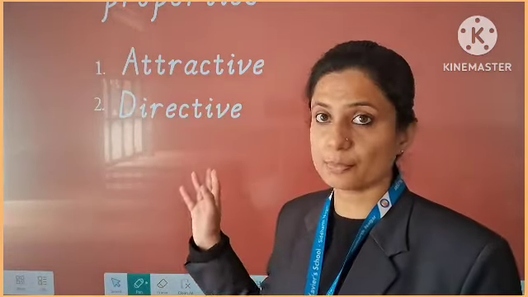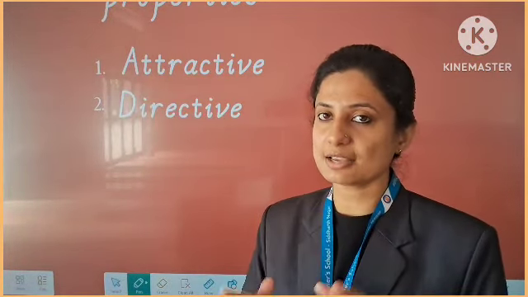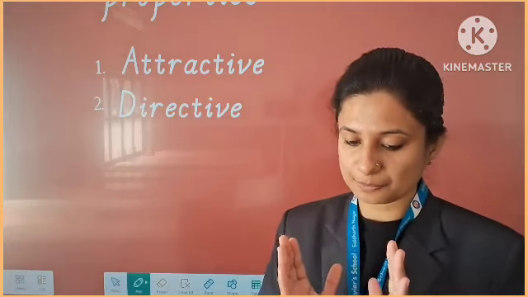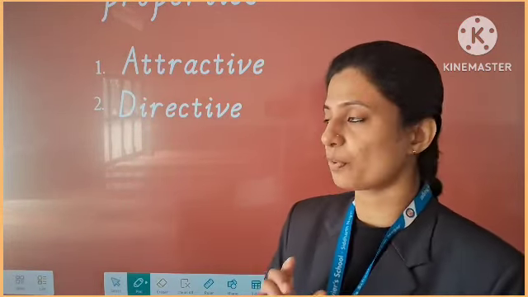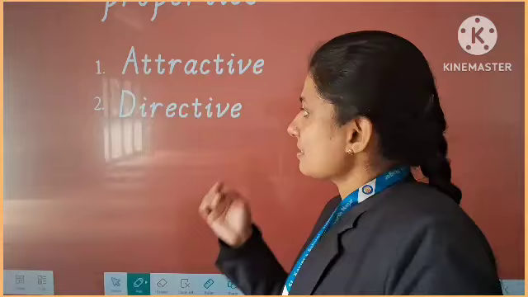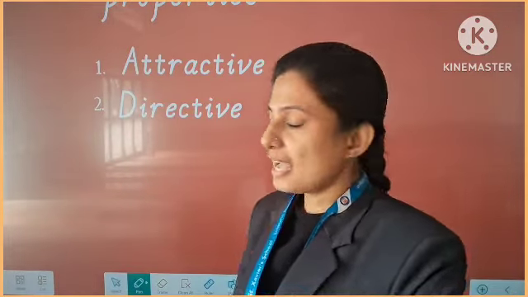The second property is the directive property. Directive property means if a natural magnet is freely suspended, tied with a fine thread, after some time you can notice that it points in the north-south direction. Always it points in the north-south direction, and that property is called the directive property.